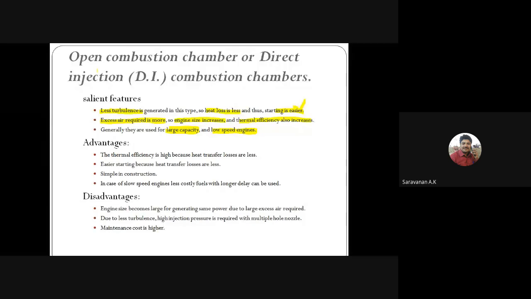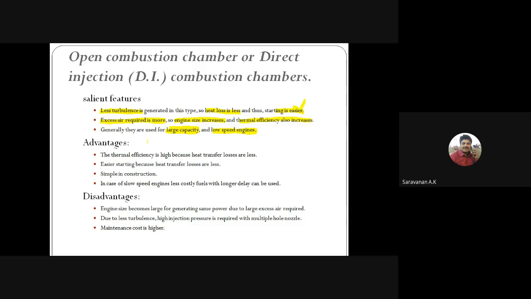Then it is very easy to start because the heat transfer is very low. Then the shape will be very simple, so simple in construction. In the case of slow speed engines, less costly fuels can be used, and a longer delay can be used. So these are the advantages.